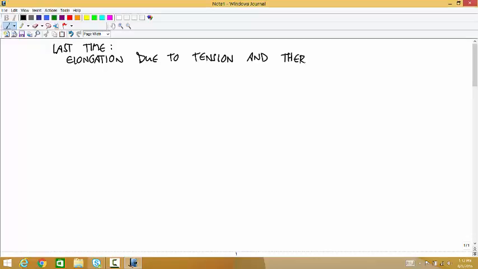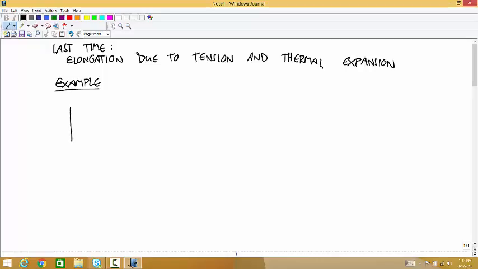And I did one example of a statically indeterminate system using tension compression. I'm going to do another kind that comes up a lot in the problems, and you see it a lot in textbooks. So let me just start with this example.